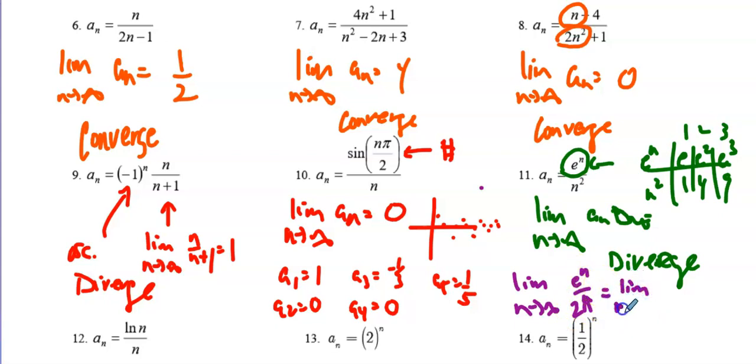Then you would do the limit as n approaches infinity of e to the n over 2. Again, the numerator is approaching infinity, and the denominator is always 2. So in this case, we know that this limit would actually be infinity. So again, it would diverge.